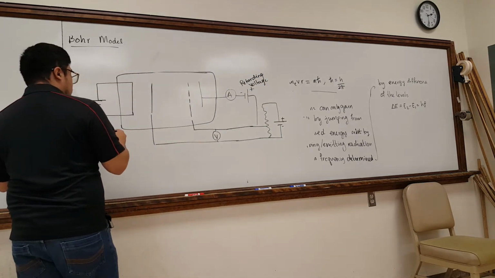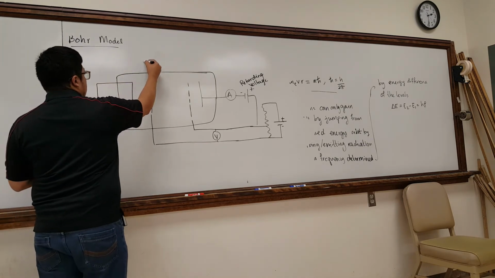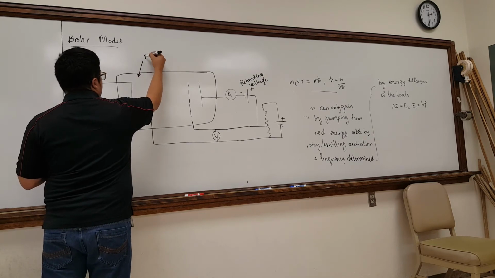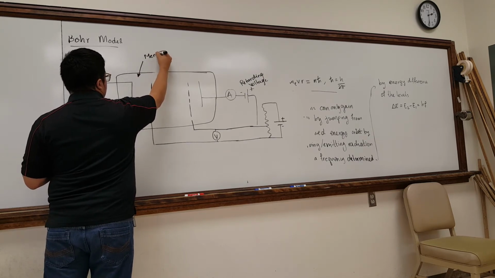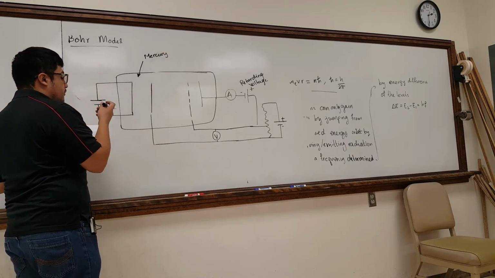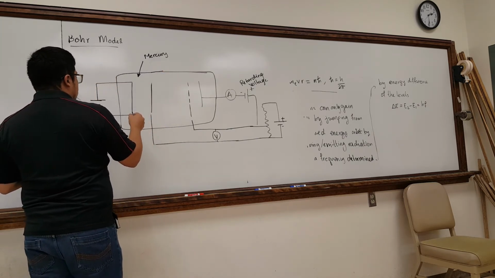So what you see here is a simple diagram. We have a tube that contains, let's say, mercury. It's a very low pressure gas. There's low pressure in this bulb, and you contain mercury gas here.